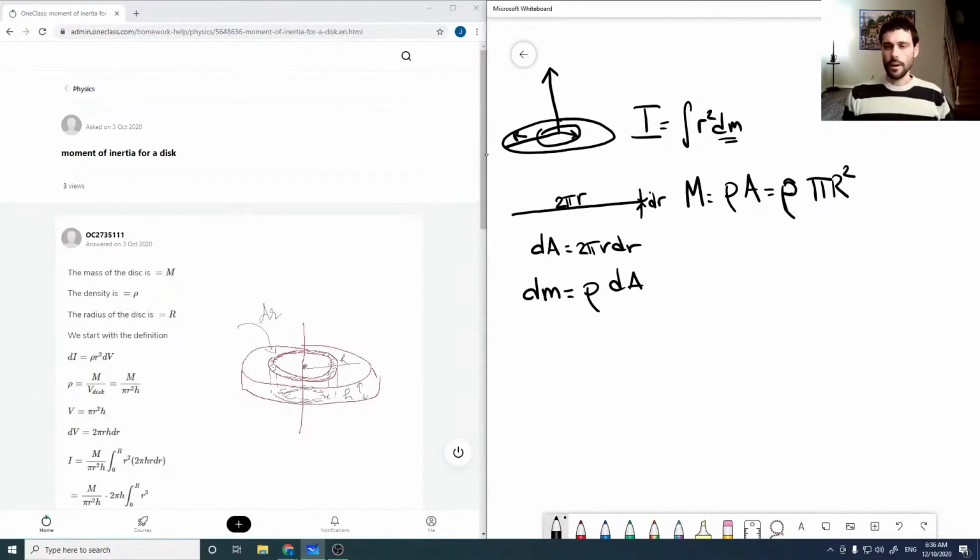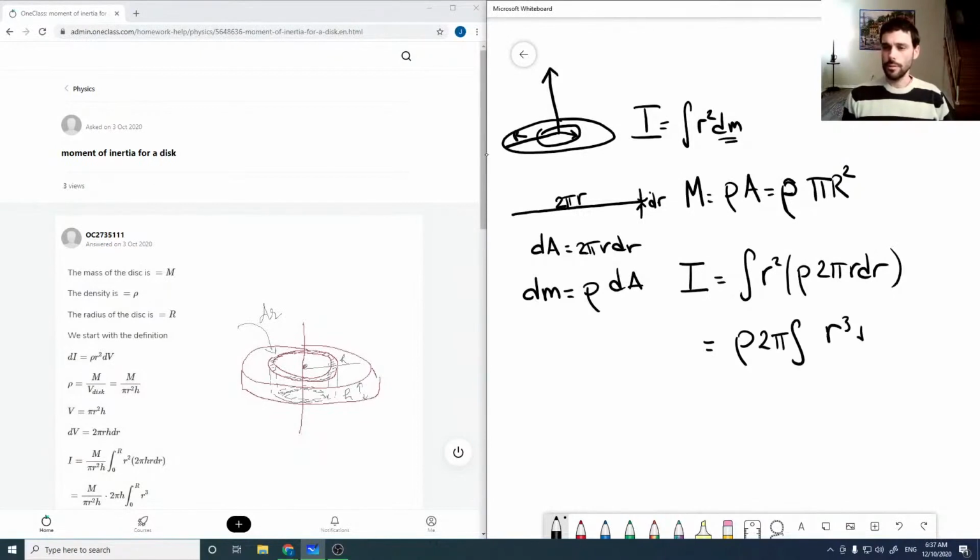Okay, so if that's our area segment, then now we can say that our moment of inertia is the integral of r squared times rho 2 pi r dr, which is rho times 2 pi integral of r cubed dr from 0 to R, as we're integrating from 0 out to the full radius.